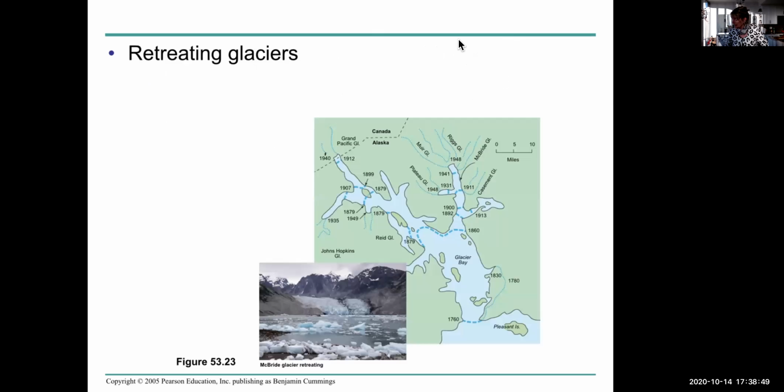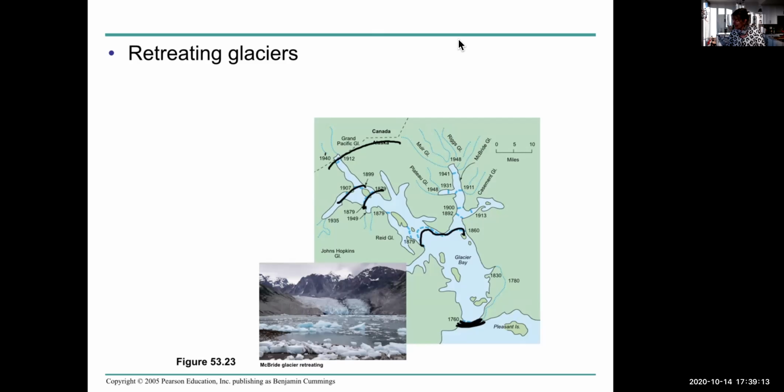So this is Glacier Bay in Alaska, and it shows that glaciers were here in the 1700s. They've retreated, and they've retreated more, and they've retreated quite a bit more. I don't have the most recent map, but it is continuing to retreat, but it also has been very well studied.